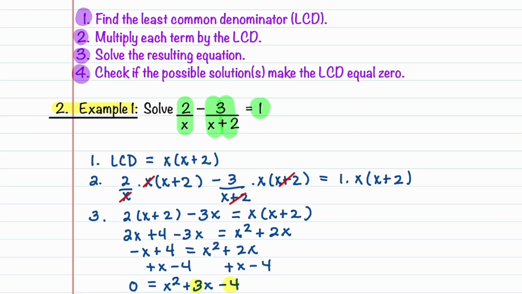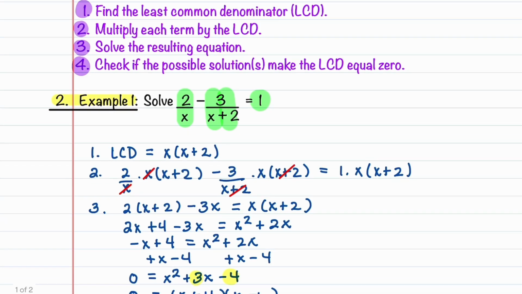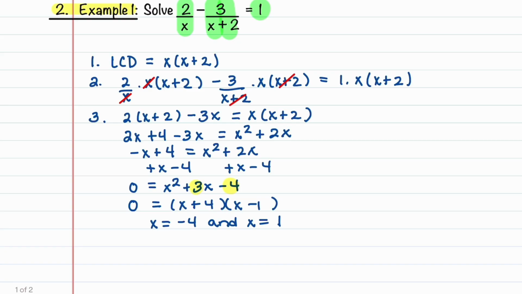Our fourth step tells us to check if the possible solution or solutions make the lowest common denominator equal 0. What we're really doing in this step is avoiding a solution that makes one of the denominators on the left-hand side equal to 0.